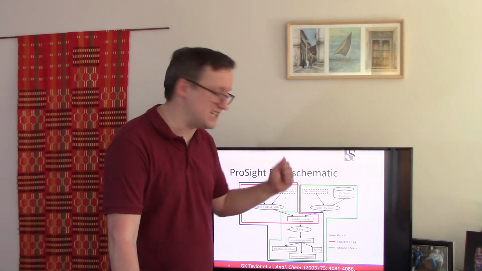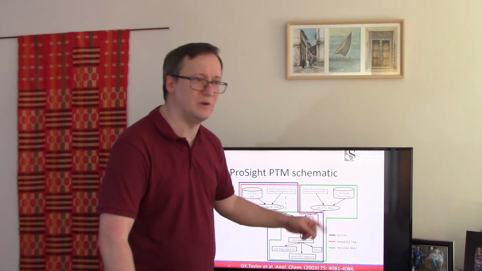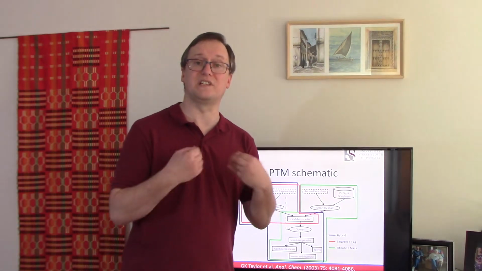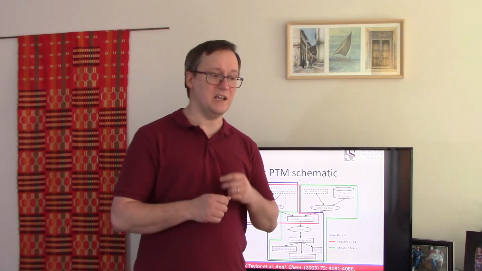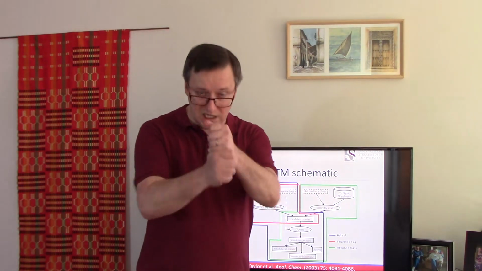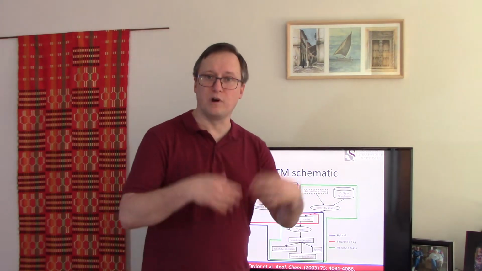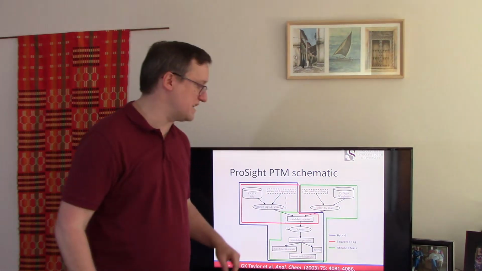So the intact ion can be played against the ProSight warehouse to undergo a process of selection by mass, to say that only those proteoforms for which we have observed intact masses as precursors will be considered for comparison to the resulting tandem mass spectrum.